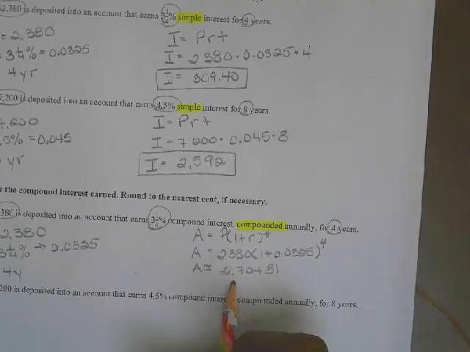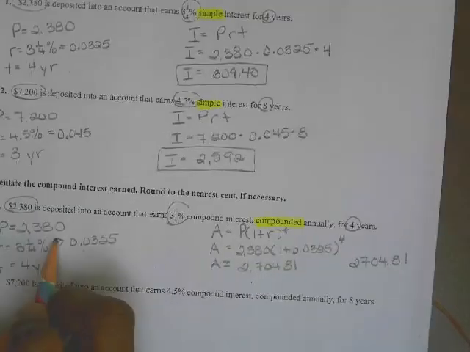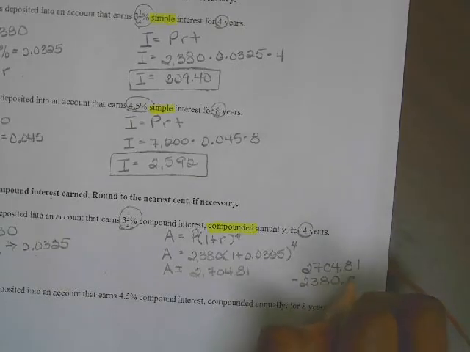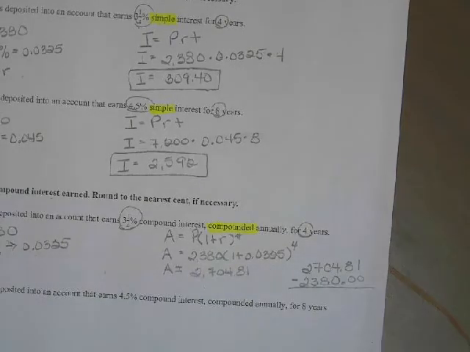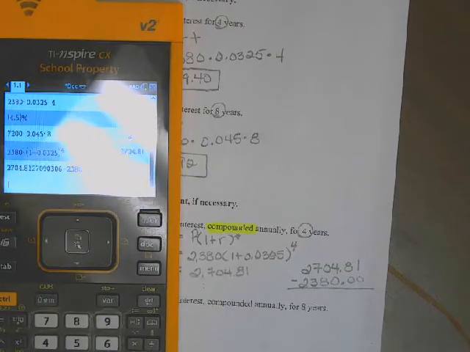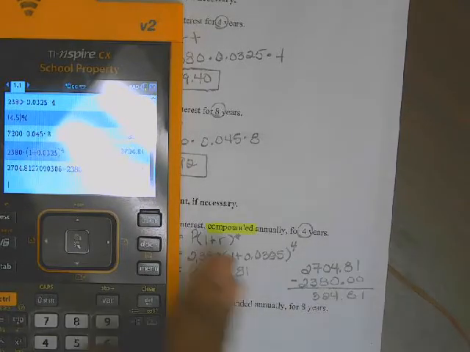So I'm going to take this answer that I got for A, 2704.81, and I'm going to subtract what that beginning initial piece was, my P. Okay, so that was 2380, and you can do that in your calculator if you want. 2380, and I get $324.81.